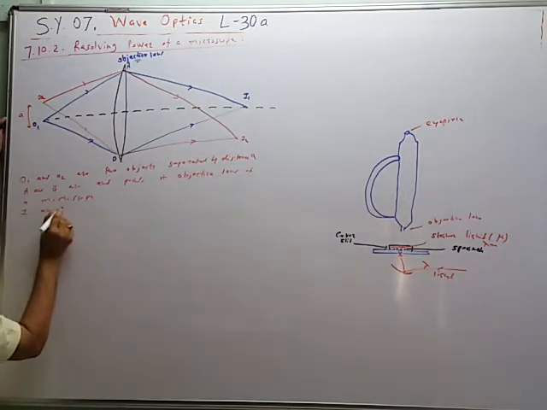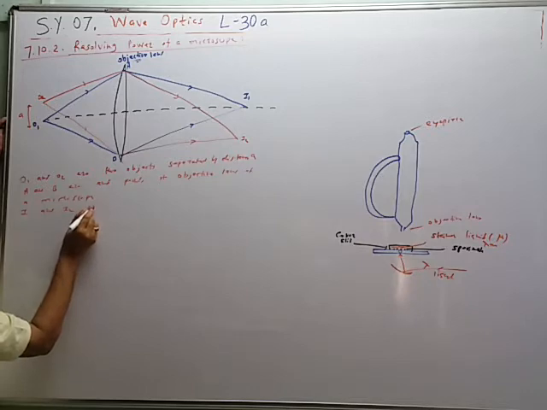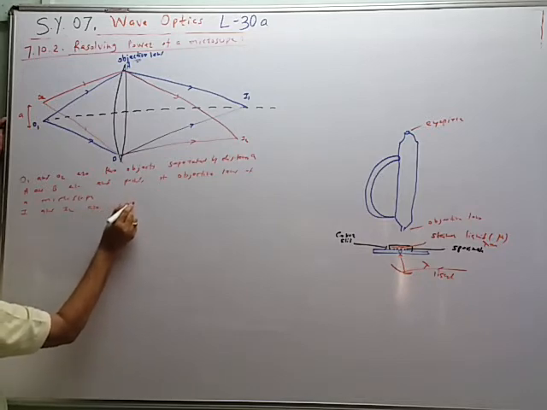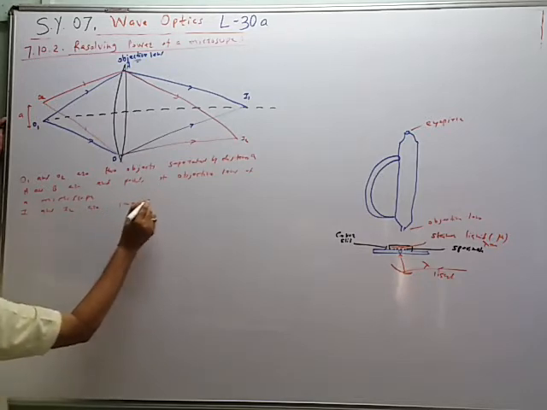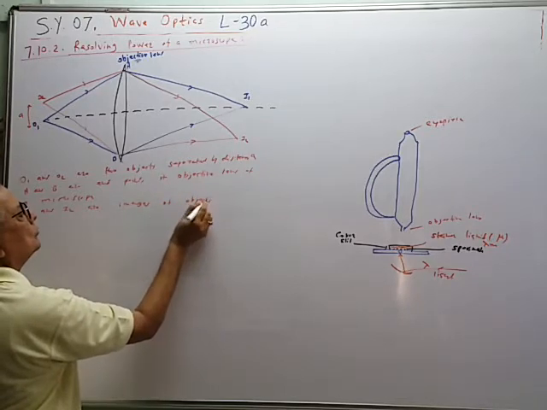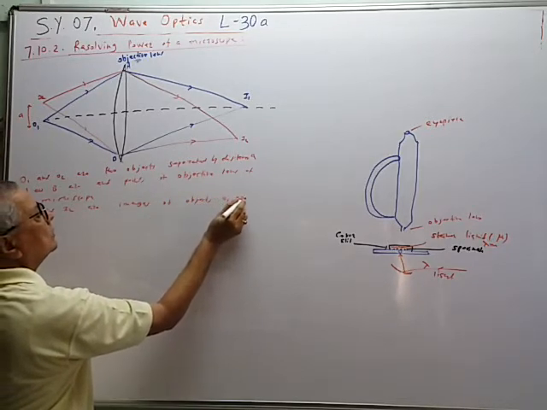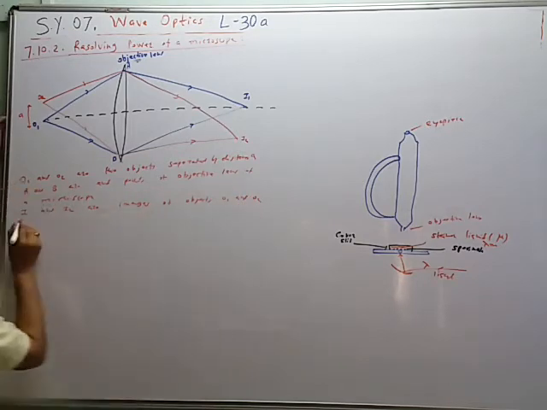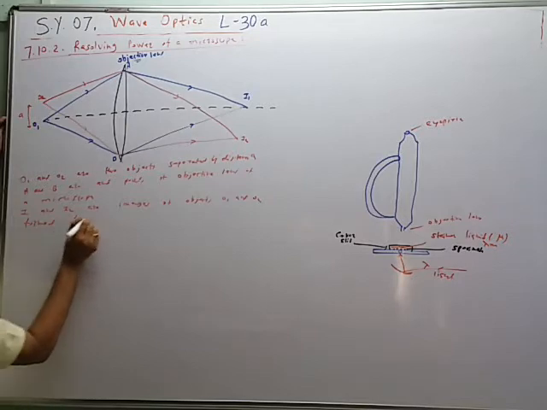I1 and I2 are the images of the objects O1 and O2 formed by the lens.